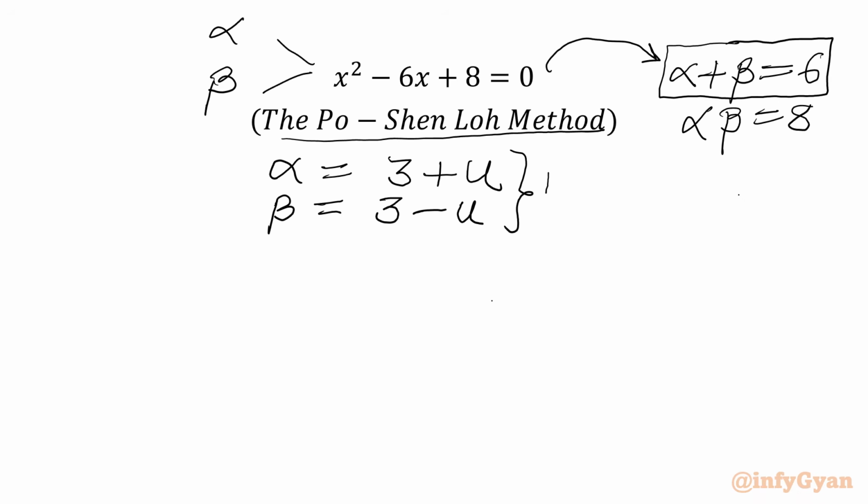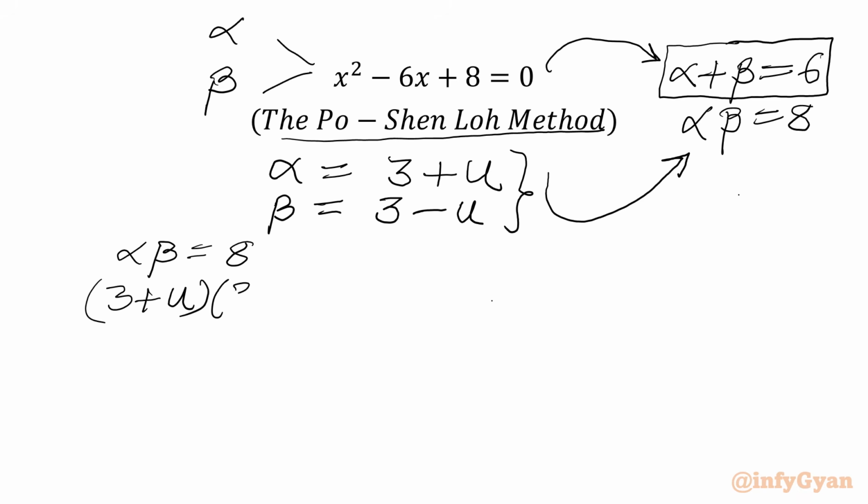Now we have to plug in alpha and beta over here. So we can write alpha times beta equal to 8. Here alpha is 3 plus u, beta is 3 minus u, right hand side is 8. (a plus b) times (a minus b) is a square minus b square equal to 8.